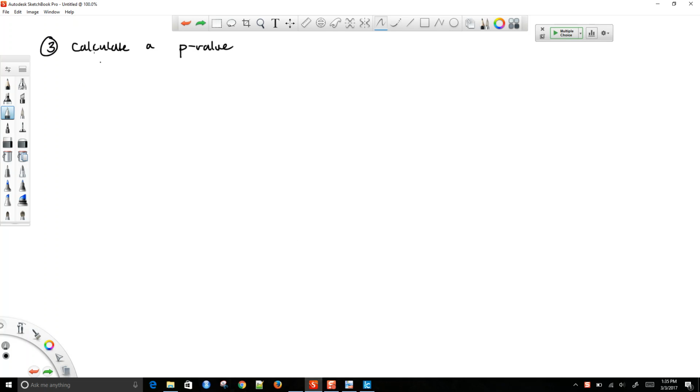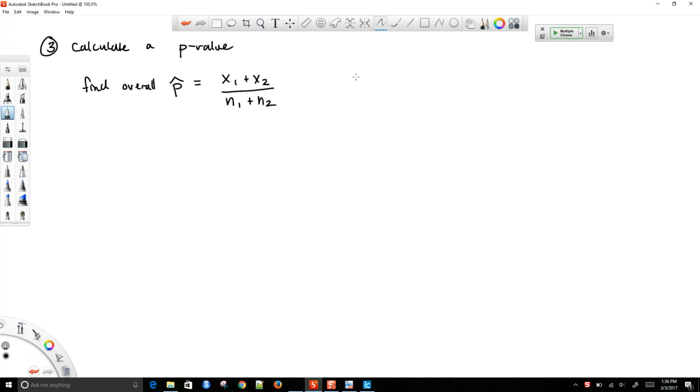Okay, so the first part will be find the overall p hat. The overall p hat is going to be the total number of successes, x1 plus x2, divided by n1 plus n2. Okay, so you can take a look on your note sheet, your formula sheet.